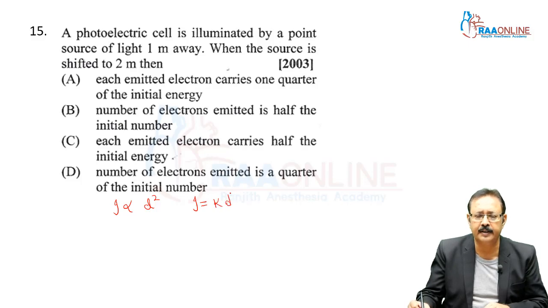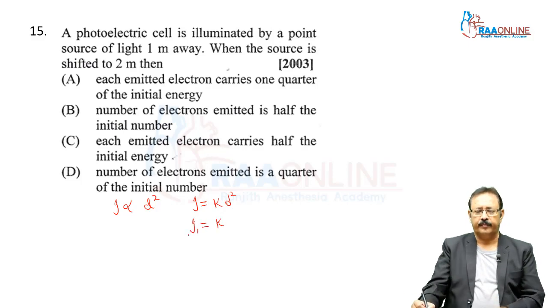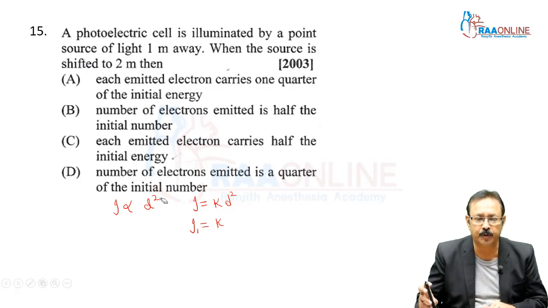If the initial intensity was I1, what was the distance initially? It was 1 meter.